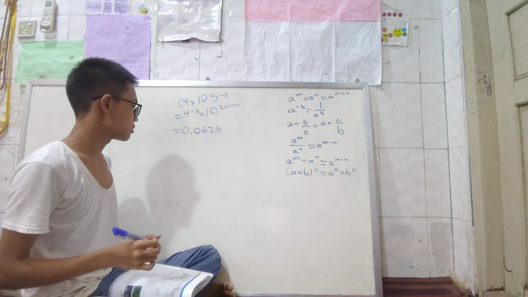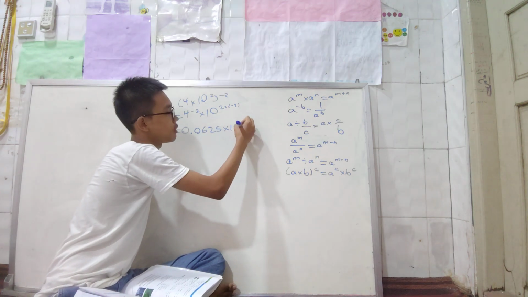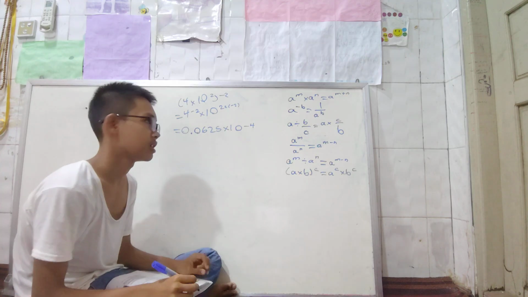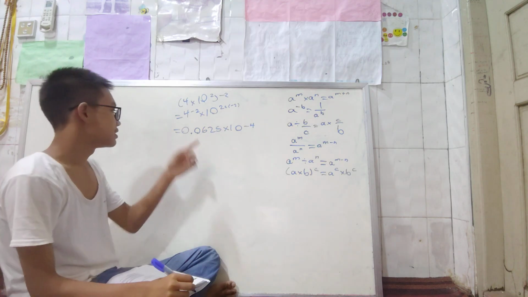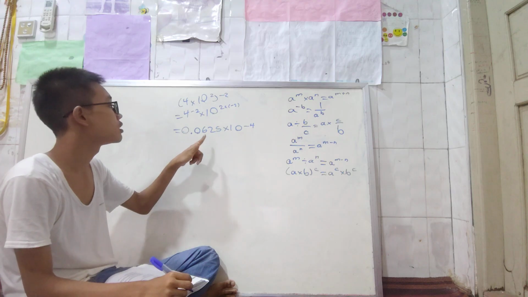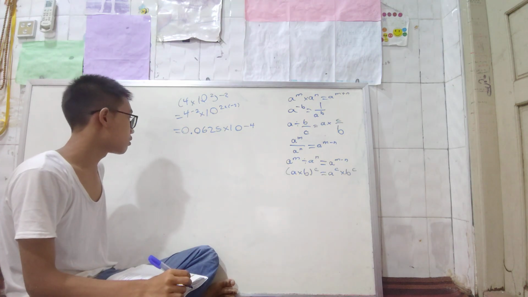0.0625, right? Multiplied by 10 to the power of minus 4. That's not really quite a standard form because this should be between 1 and 10, but this is below 1. So we're going to turn this into a proper standard form.